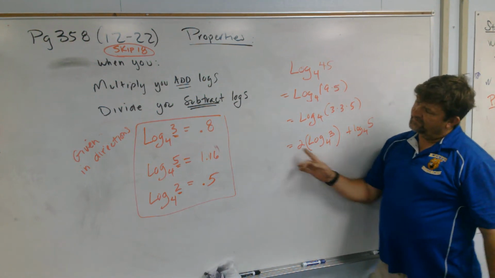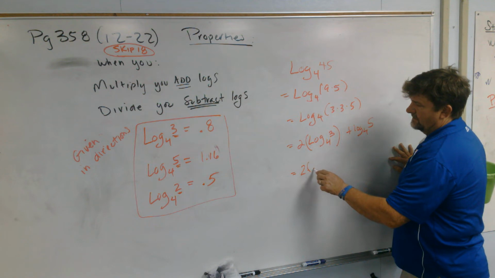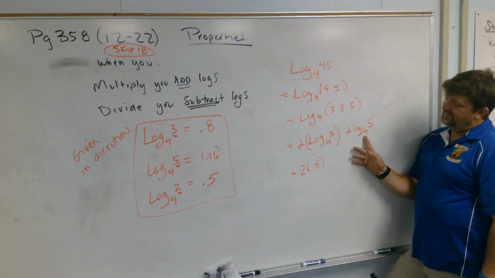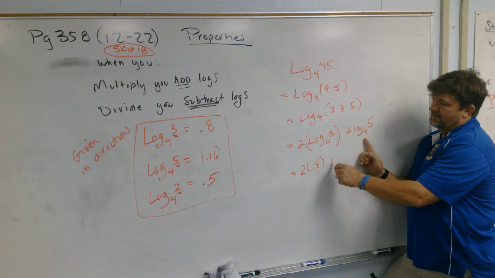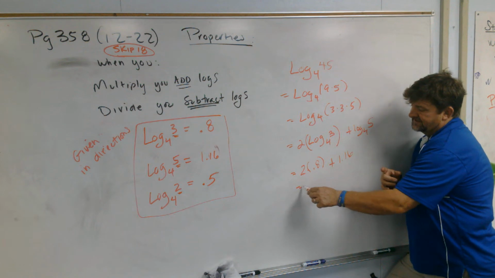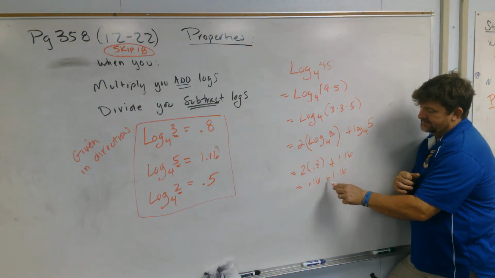And now log base 4 of 3 is 0.8. 2 times 0.8, plus log base 4 of 5, which is 1.16. This is 0.16 plus 1.16.